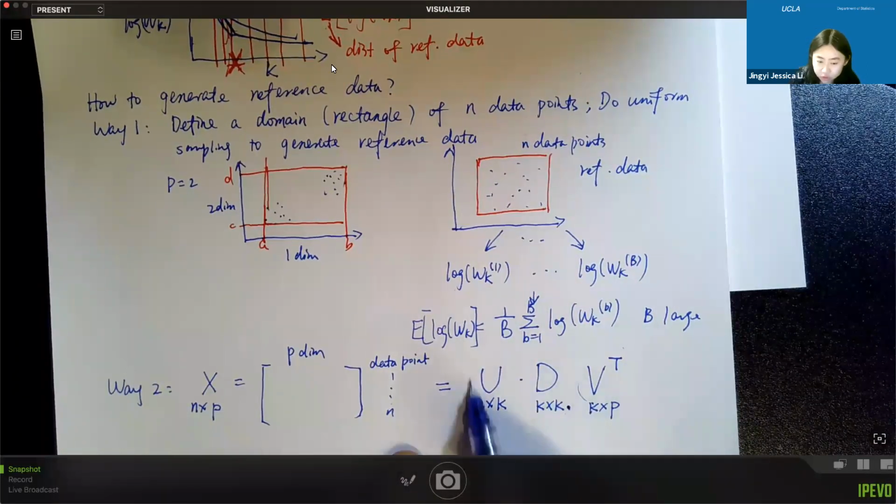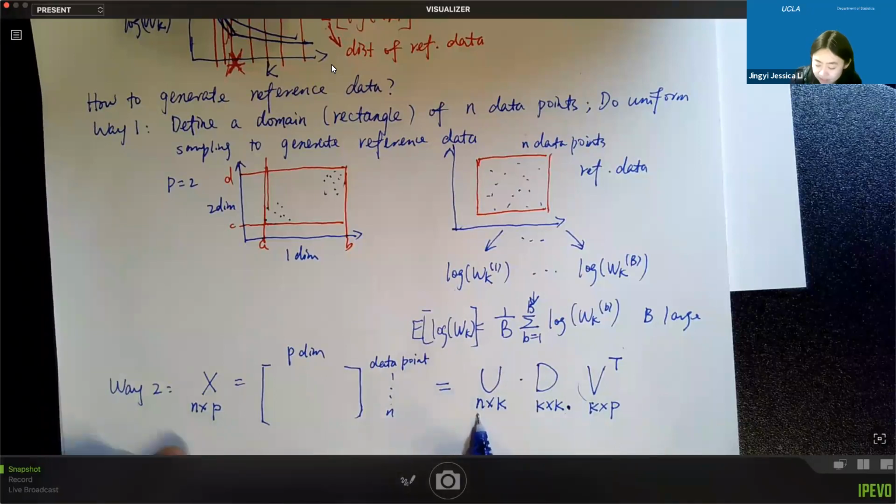What you are going to use is this U matrix, because the U matrix is basically the n data points in those new k dimensions. So you're going to encode your points in k dimensions as opposed to the original p dimensions. The other matrix is a k by p matrix.